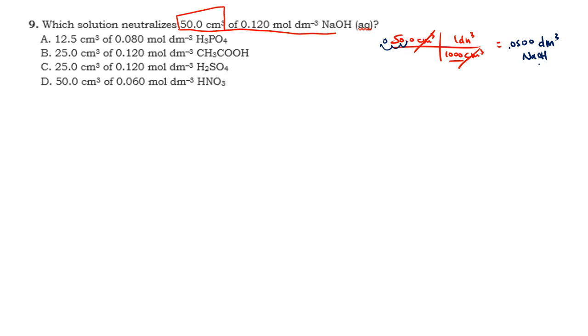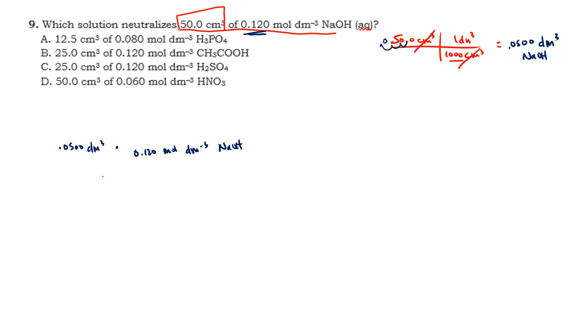Now I'm going to turn my cubic decimeters of sodium hydroxide into moles using the concentration. So if I have 0.0500 cubic decimeters of, remember that of means multiply, 0.120 moles per cubic decimeter of sodium hydroxide.